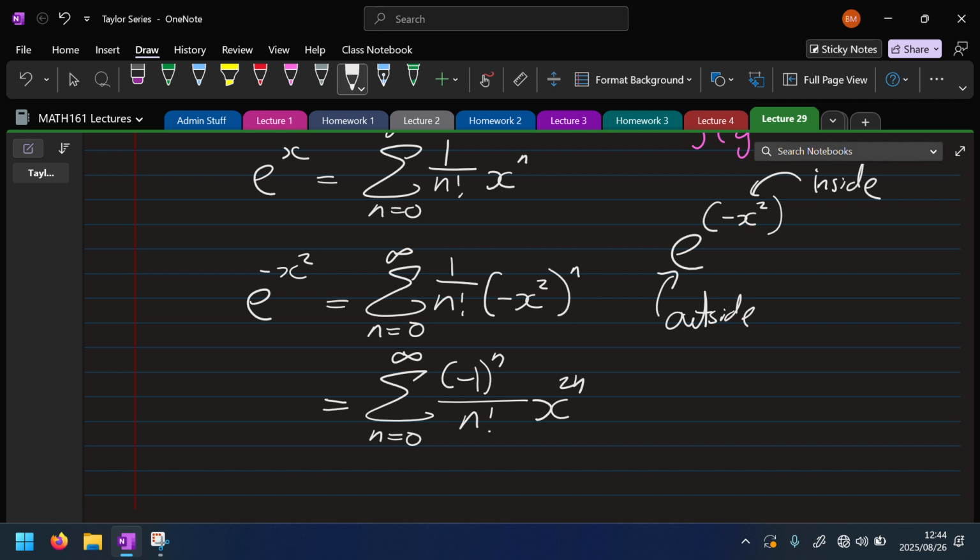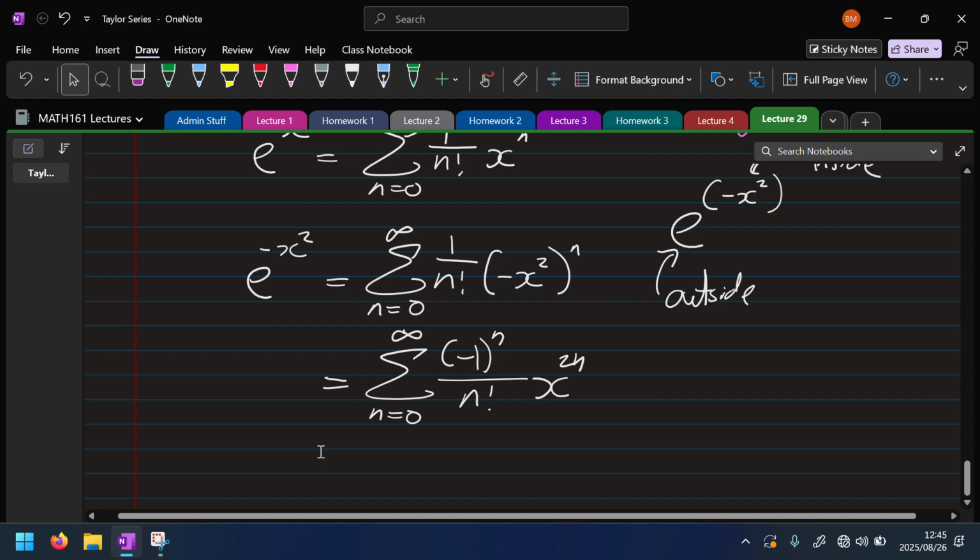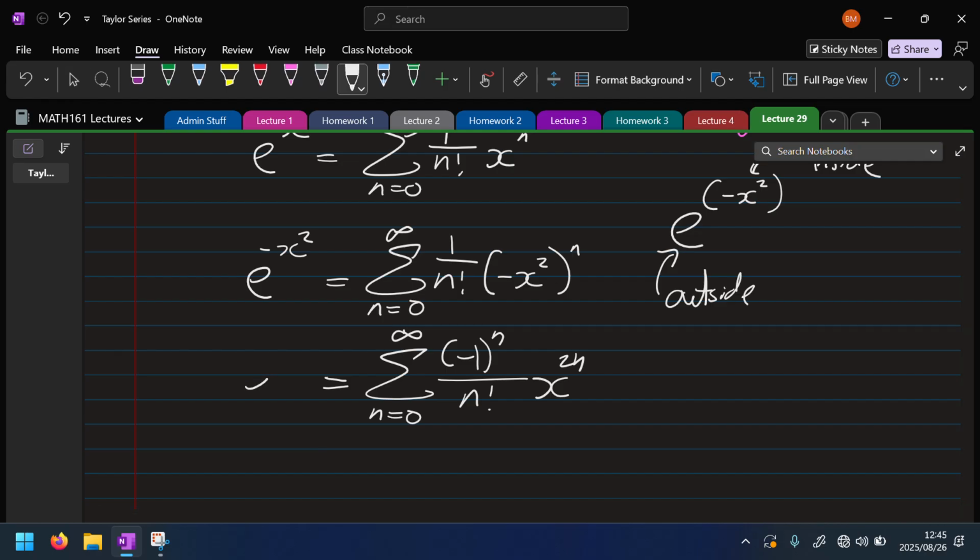Quick check: on the left side, that's an even function, and on the right-hand side, those exponents are even. So that's right. So here we have e to the minus x squared. Any questions for this one? They're all good.